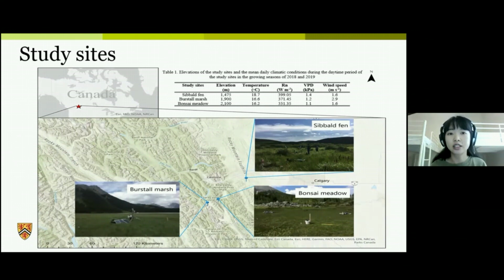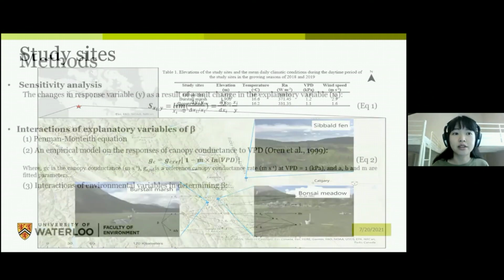And then the table 1 just showed a summary of the climate conditions of each site during the growing season of 2018 to 2019. And then in each site, we have an eddy covariance tower operated continuously during the 2 growing seasons. So now let's look at our methods.